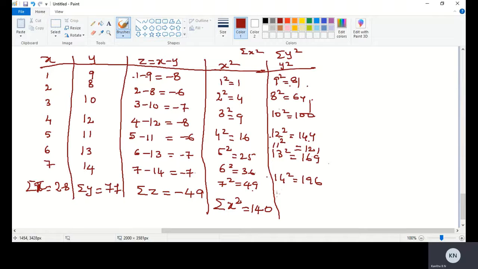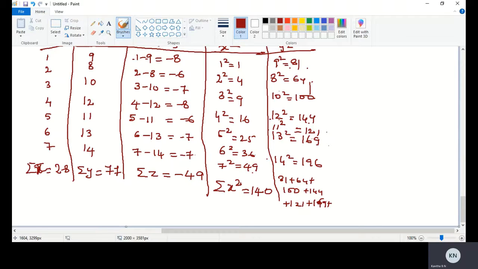Add it here: 81 plus 64 plus 100 plus 144 plus 121 plus 169 plus 196. Then what will get added?